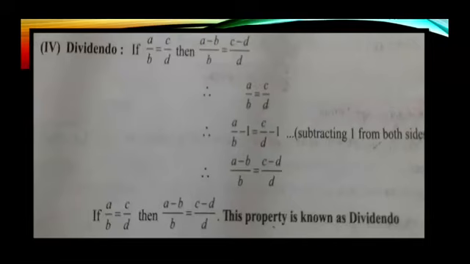Multiplying 1 by B and 1 by D, we get A minus B upon B is equal to C minus D upon D. So, therefore, we get if A upon B is equal to C upon D, then A minus B upon B is equal to C minus D upon D. This property is known as dividendo.